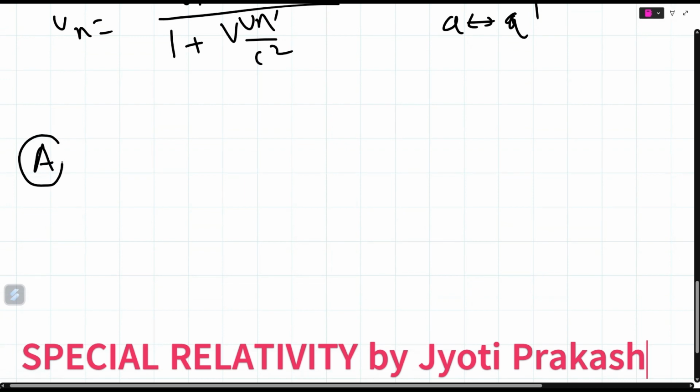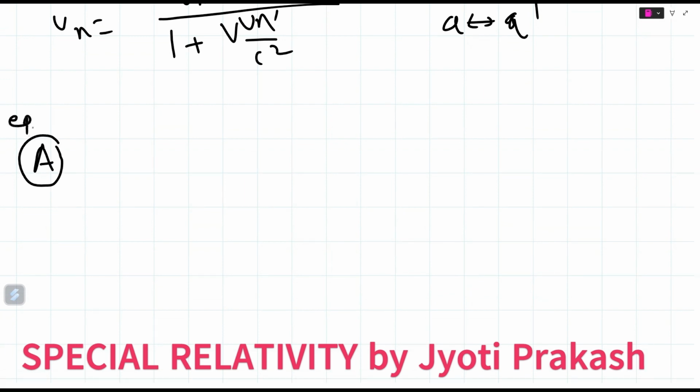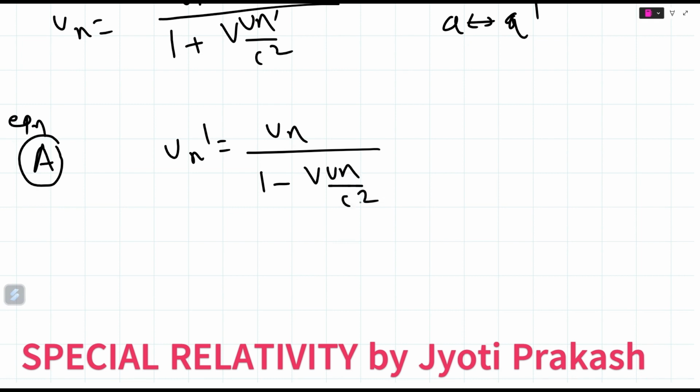In equation A, we have ux prime equal to (ux minus v) divided by (1 minus v ux by c square). Suppose a special case where uy and uz equal 0, so the particle is going only in the x direction.